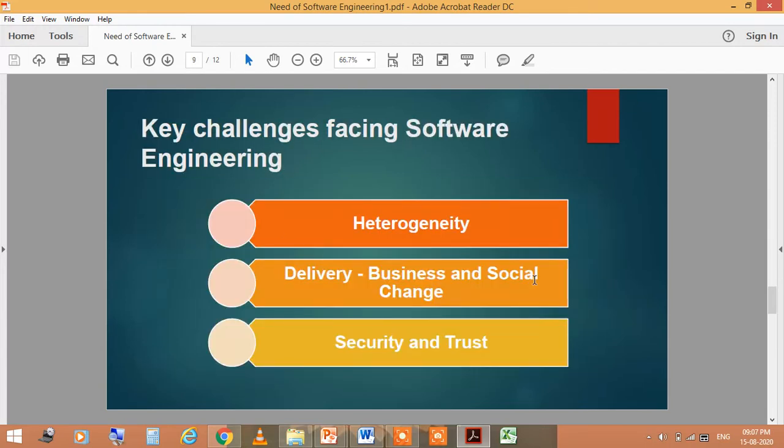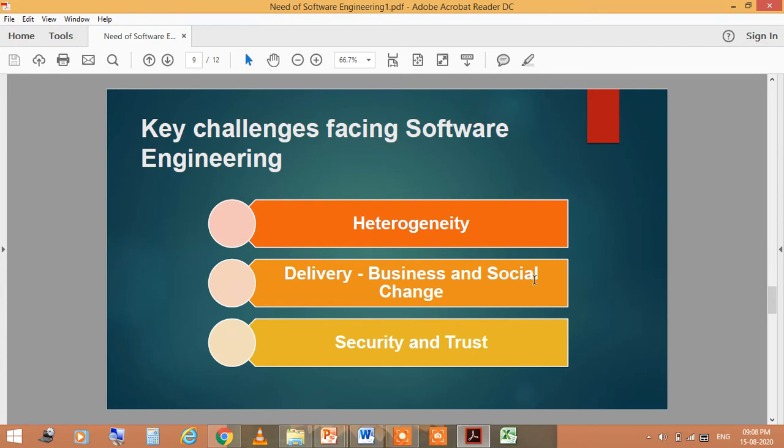Now come to the key challenges facing software engineering. In this, we see heterogeneity, delivery meaning business and social change, and security and trust. These are the three parameters which you are facing. Okay, heterogeneity means different resources, and delivery means business and social.